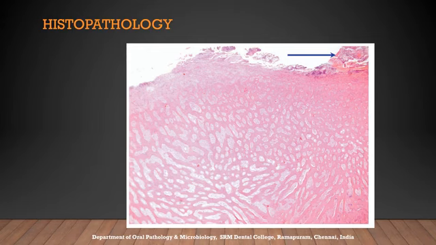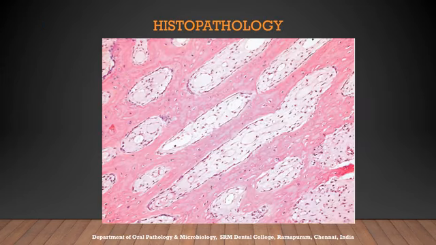This arrow mark indicates the granulation tissue present here. Under higher magnification, we can see osteoblastic rimming around the bony trabeculae, and the connective tissue shows a fibrovascular stroma with a scanty inflammatory infiltrate.